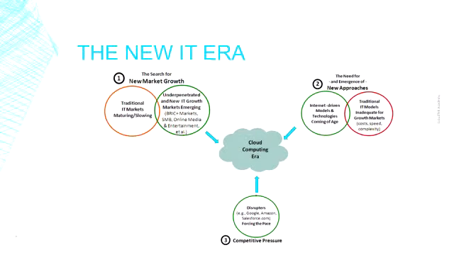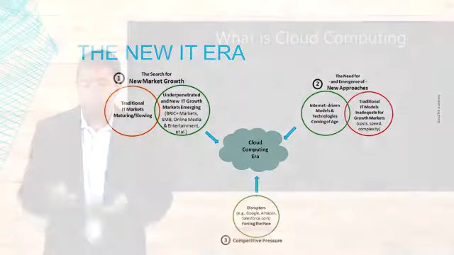In this era, the traditional IT markets had stagnated. People could no longer make money. But on the flip side, the marketplace was growing in what was known as BRIC countries. These were Brazil, Russia, India, and China, where the populations were just jumping on top of the internet.